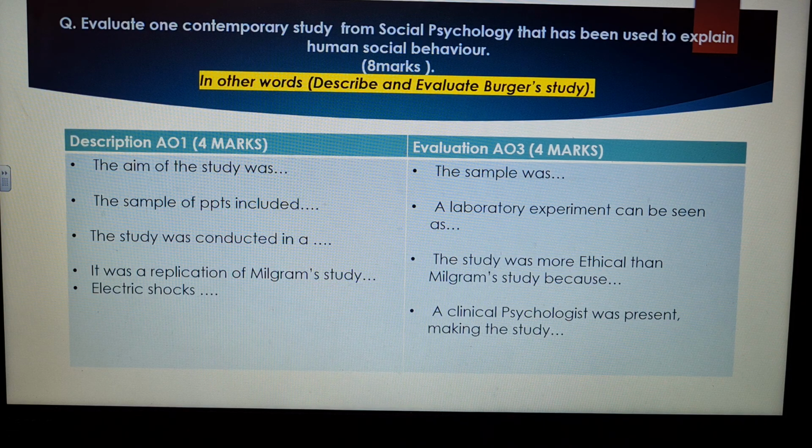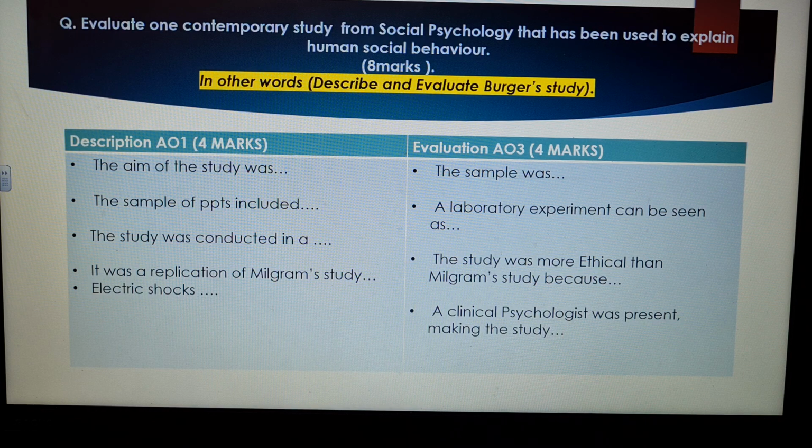However, one of the weaknesses of the sample was 38% of those volunteers were actually deselected in order to exclude anyone that might have found the study particularly distressing, or they may have obviously studied Milgram. So the sample itself, although it was generalizable on one hand, there are sort of weaknesses of it as well.